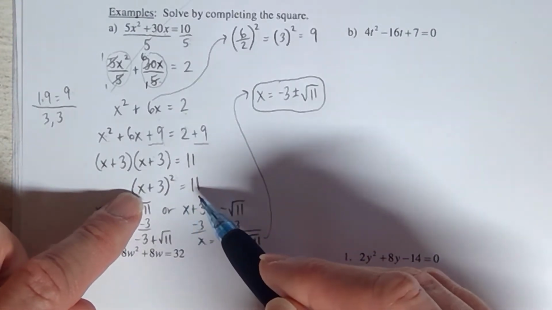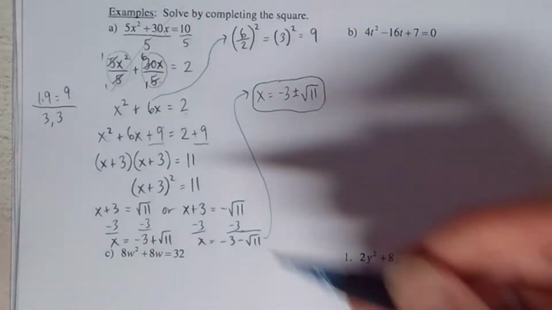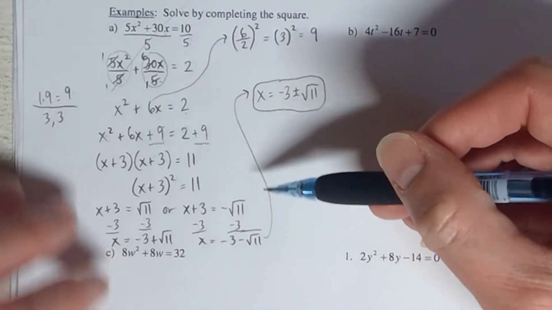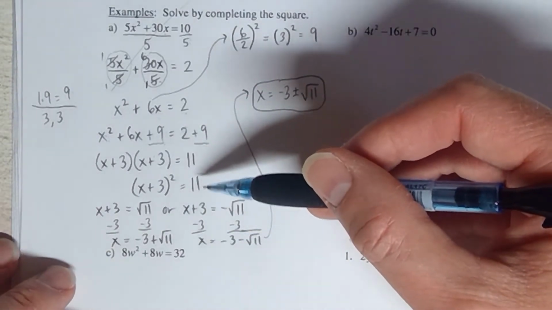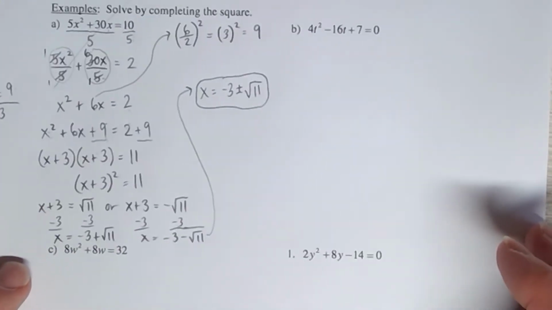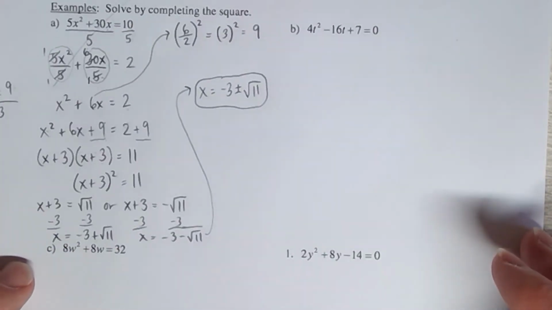That's the second step. You can break that up into 2 steps actually, but I call it all 1 step. And then the last step is to do the method from the last section to finish the problem off and get x by itself. Let's try that again now in problem B.